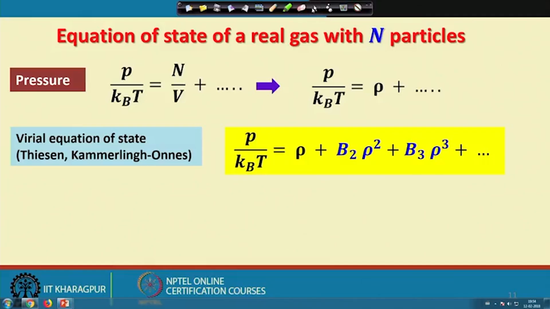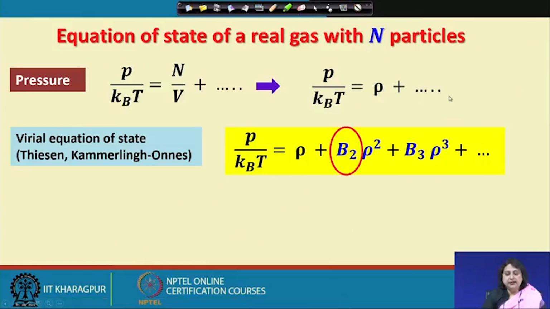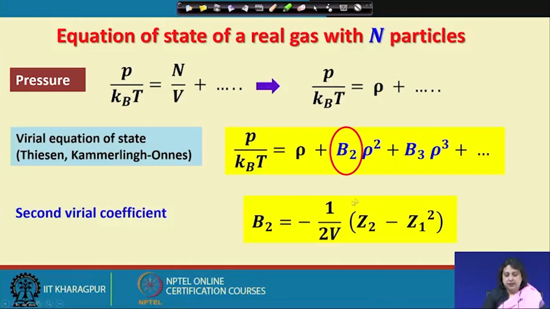And the second virial coefficient can be shown to be related to Z2 and Z1. Okay. So, what is Z2 and Z1? If you would remember, these are the configuration integrals for two particles and one particle respectively.